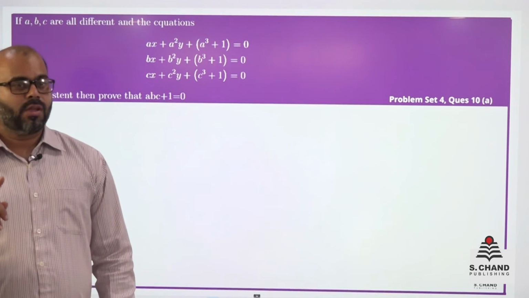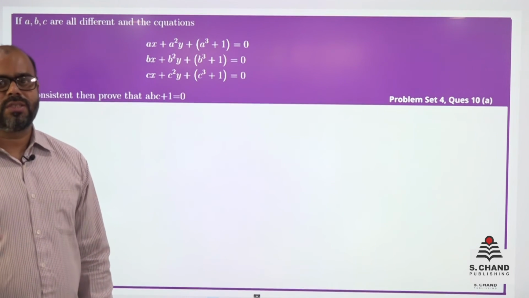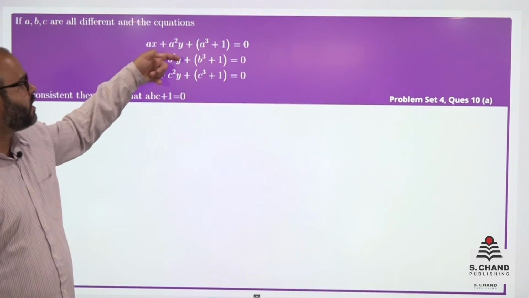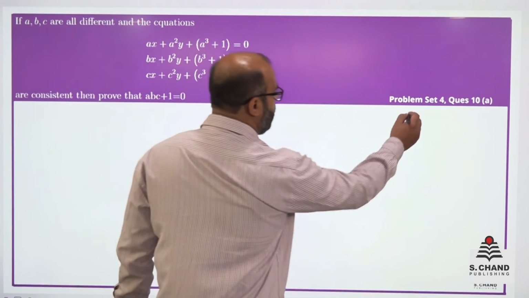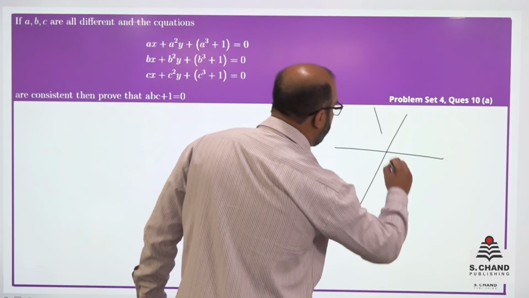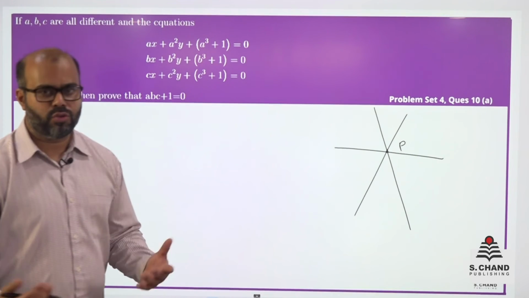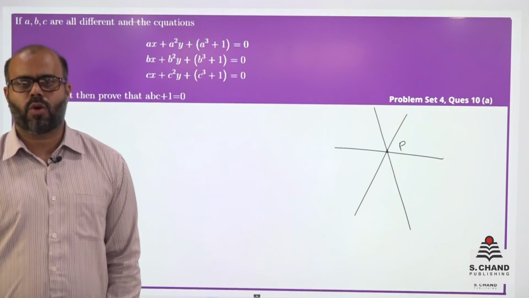Be cautious. So here there are 2 variables x and y, which means there is a straight line in the coordinate plane. And how many straight lines? 3 straight lines. And if they are consistent, it means that 3 straight lines pass through a particular point, which is the point of intersection, that is the solution of this set of 3 straight lines. So 3 straight lines are concurrent.